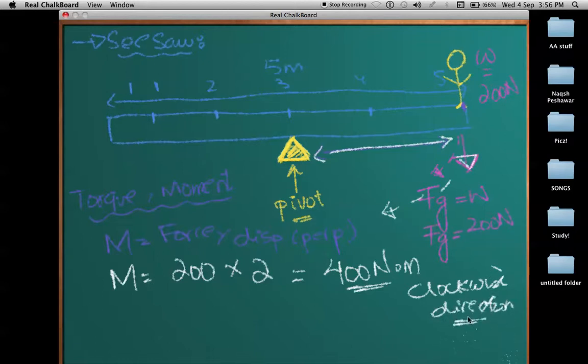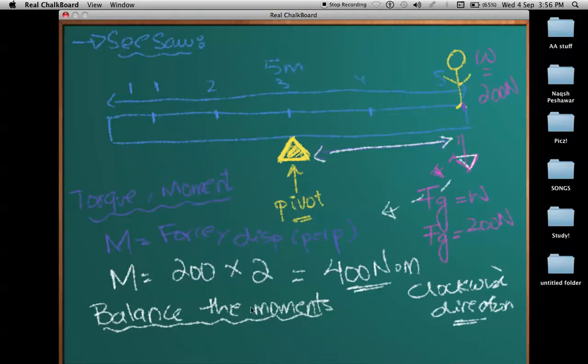Now, what if I decide to balance him, so that he is not able to move the seesaw? What would I have to do in that situation? Physically speaking, what I am trying to do is balance the moments, and by balancing the moments, I am bringing the entire seesaw into an equilibrium situation, or a balanced situation.